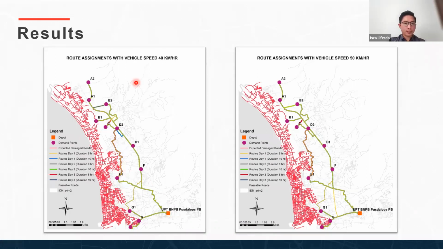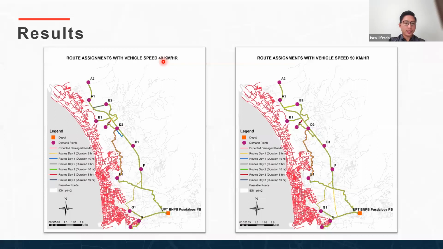So this is 40 km/h and then 50 km/h. If we look into the detail of the assignment results, there is going to be a difference between the different speeds of the vehicles.